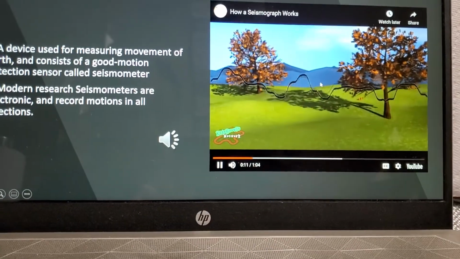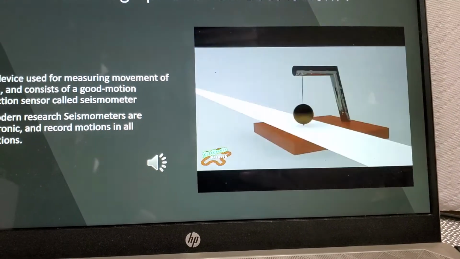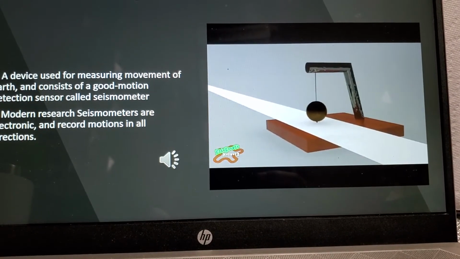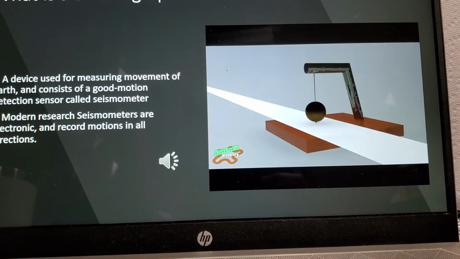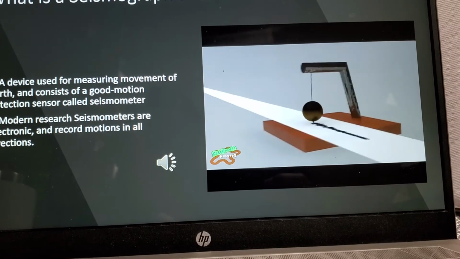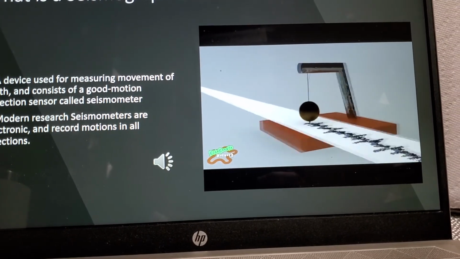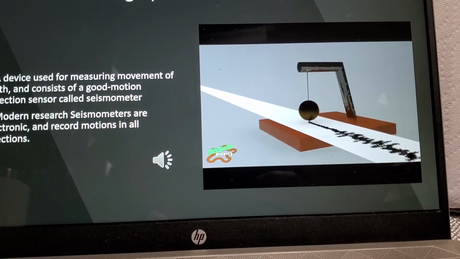A seismograph is an instrument used to measure the movement of earthquakes. A weight is suspended in a way that allows it to remain still when the ground moves. Most modern instruments use an electromagnetic mechanism for this. A writing instrument is attached to the weight, allowing it to record the movement as it happens. The word graph refers to the writing action.